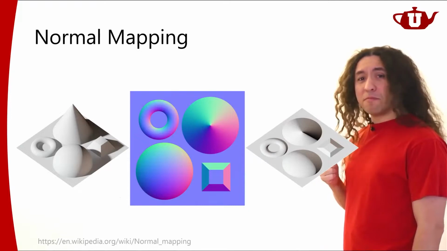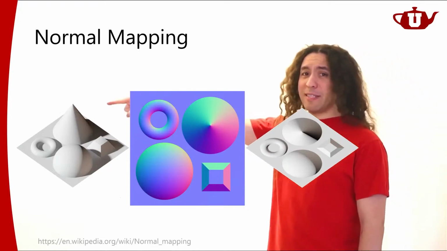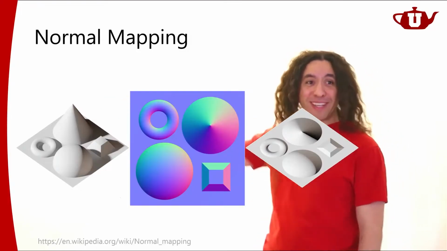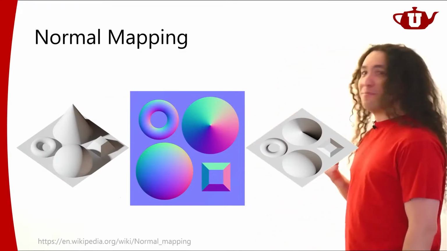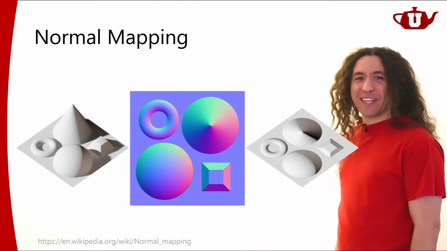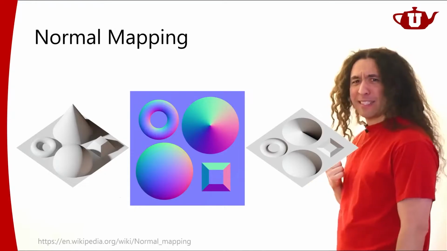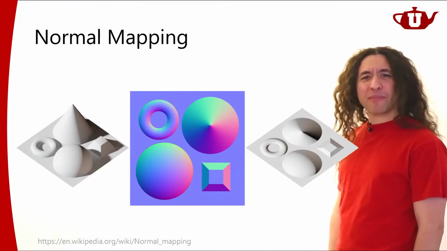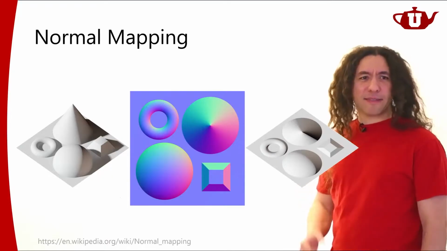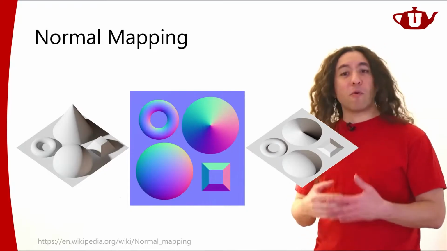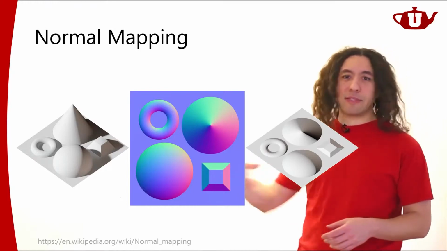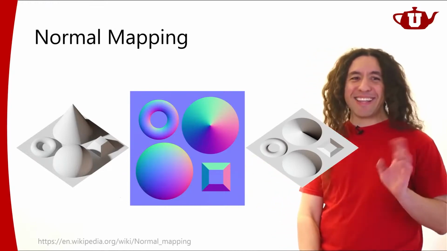Well, of course, if you're not representing just small scale details, but giant shapes, when you start looking at it from an angle like this, it doesn't quite look right anymore. You can tell that this is sort of flat, and it looks a little weird because the normals are not quite right. The illusion breaks. So normal maps work when they are representing small scale details, but for giant deformations like this, they're not going to work out so well.